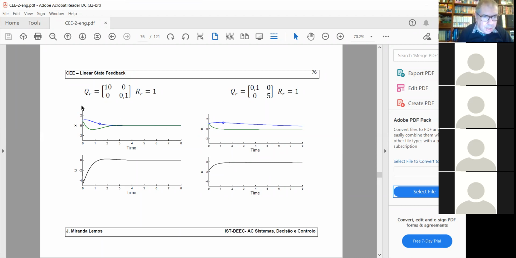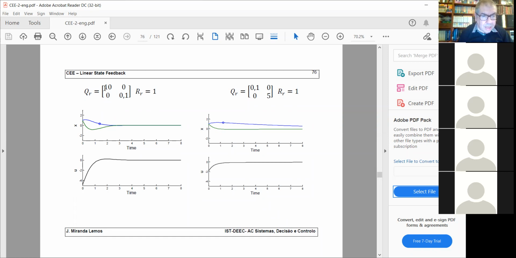So you have two components of x, and you also have U. And in this case, you see that I'm giving more importance to the first component than to the second component because I'm weighting x1 by 10.